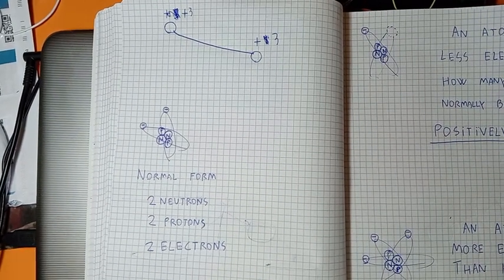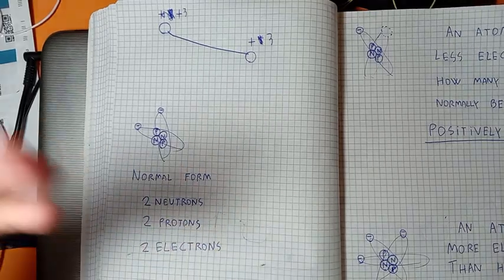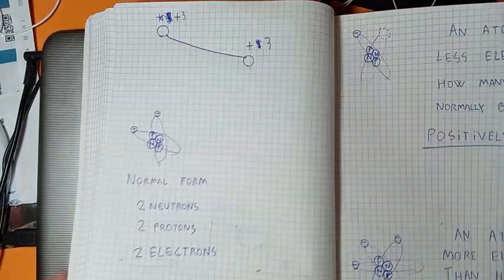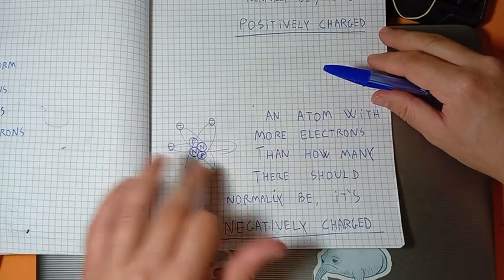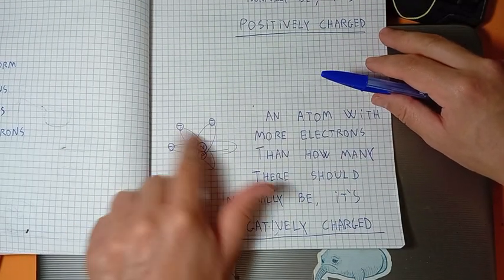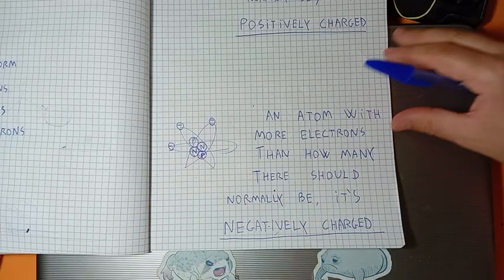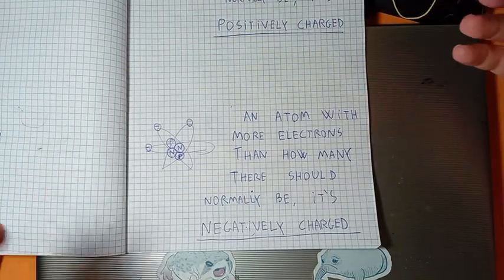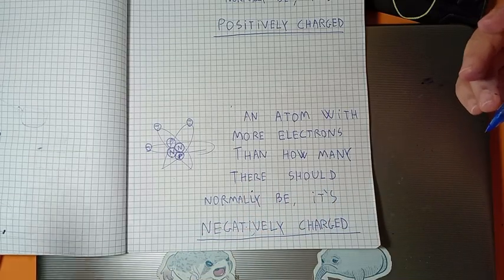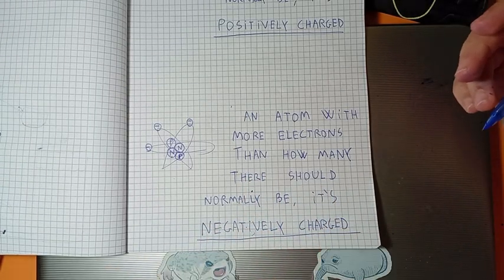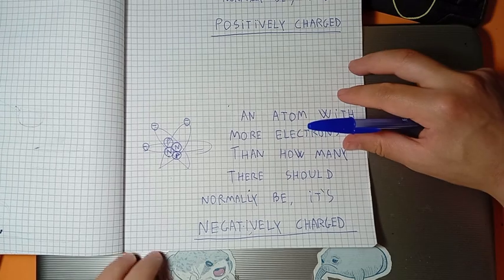What could happen also is that these random atoms could eventually gain an extra electron. And when an atom gains an electron, or more electrons, this is what happens. We have the same atom as before, but now we have 3 electrons orbiting around it. And we can say that an atom with more electrons than how many there should normally be is negatively charged.